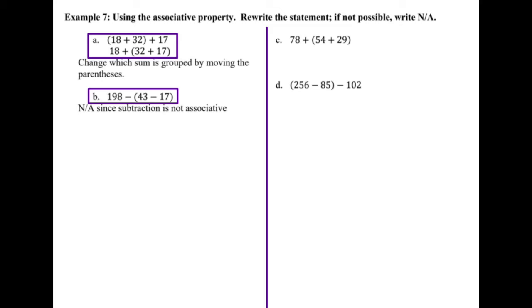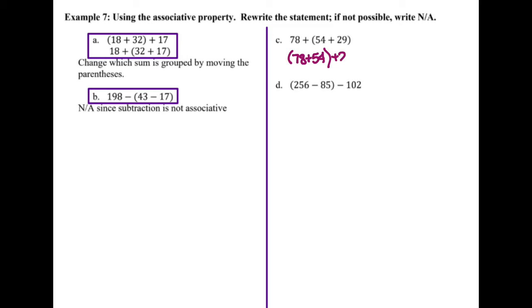Okay, so here we are on yours. Let's rewrite it using the associative property. So 54 is associating with the 29 for this one. Now we want to rewrite it connecting with the 78 instead. So parentheses here and here.